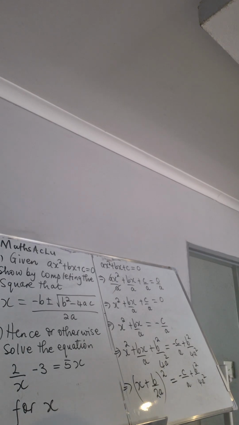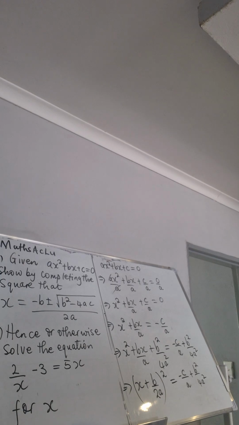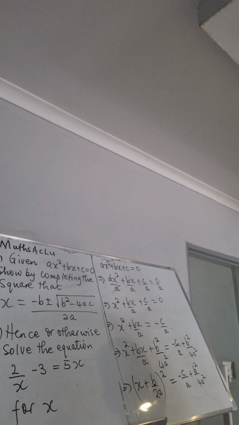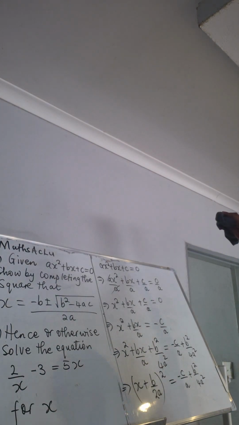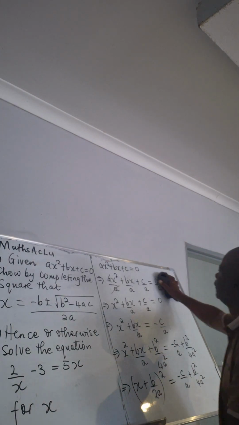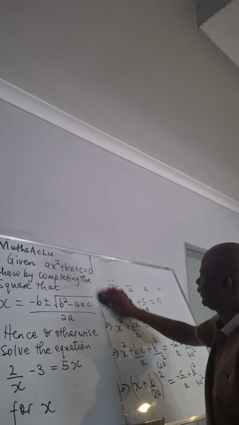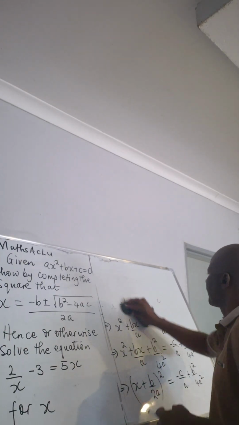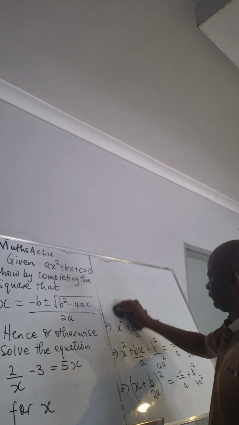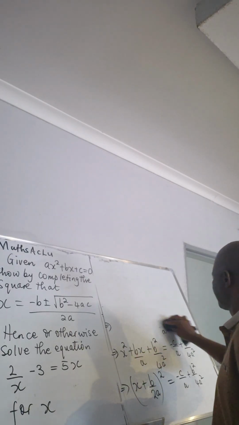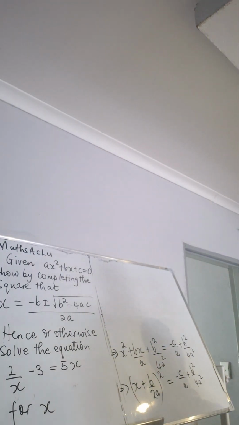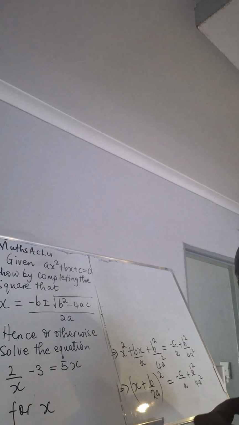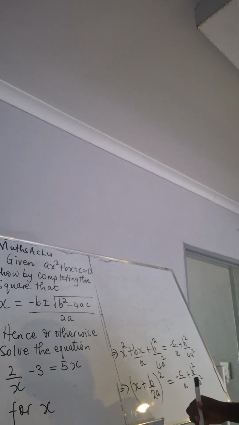Now, like what we were doing before, we must get square roots on both sides. Right, from here, take the square root on both sides.